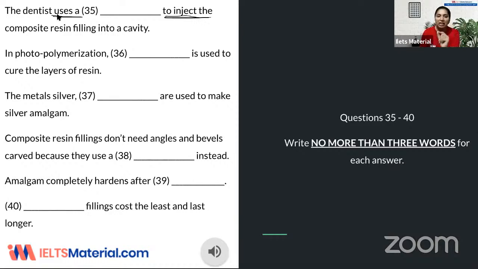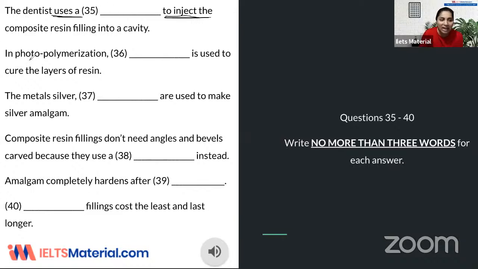So the point is here they are talking about what a dentist would use to inject. And that too composite resin filling into a cavity. Now, composite resin filling is when we add some amount of cement, which is called composite resin. We don't call it cement in medical terms, we call it composite resin. But in normal language, when we are talking to the dentist, then we call it cement.